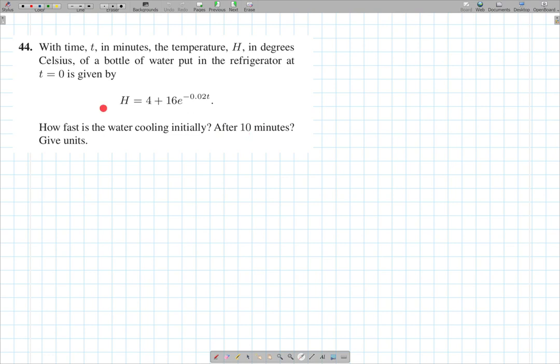So you look at the given equation. Let us first understand the given equation, which is H equals 4 plus 16e to the negative 0.02t. That is the given equation. Equation of what is this, class? With time t in minutes, the temperature H. So it is the equation of temperature in degrees Celsius.